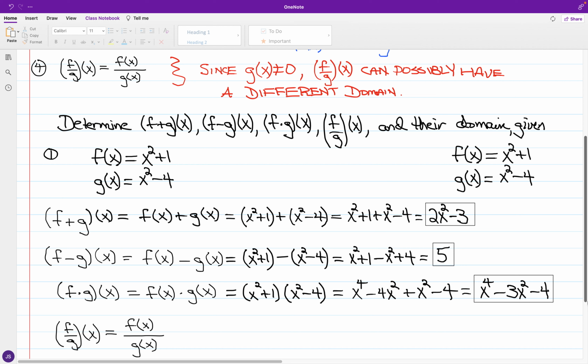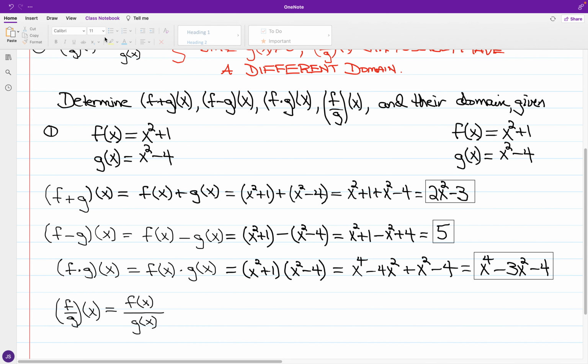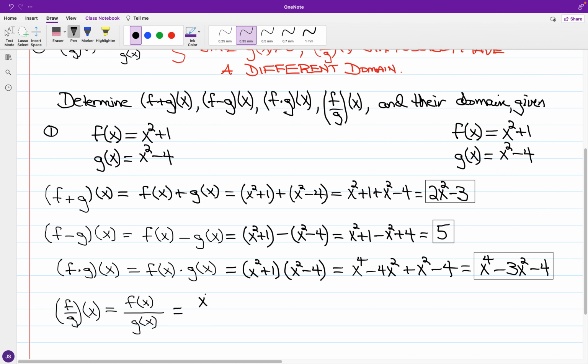And in the case of the quotient function, you have f of x over g of x. So f of x, we have x squared plus 1, and for g of x, we have x squared minus 4.